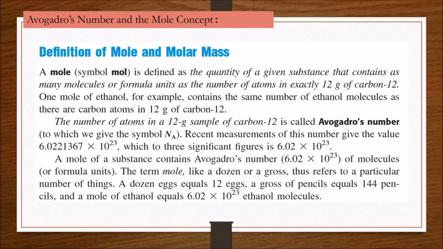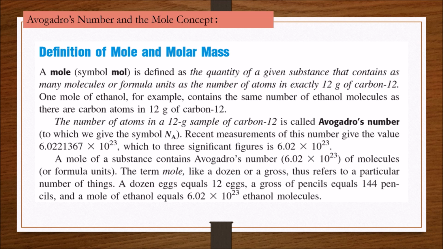Okay, so a mole of a substance contains Avogadro's number of molecules or formula units, or 6.02 times 10 to the 23. So the term mole, like a dozen or a gross, refers to a particular number of things.